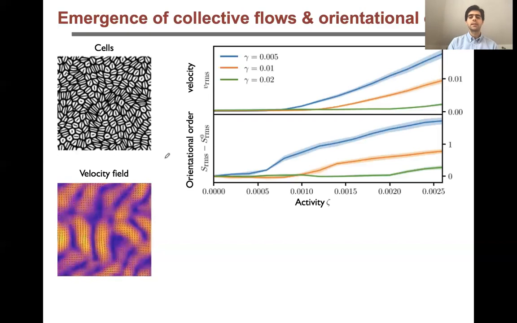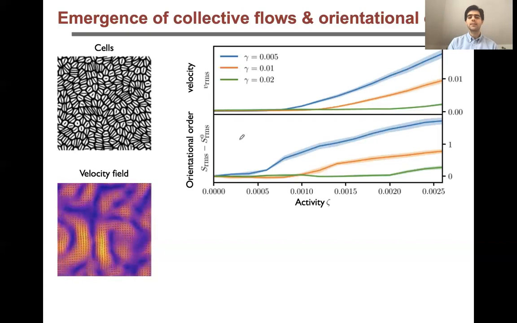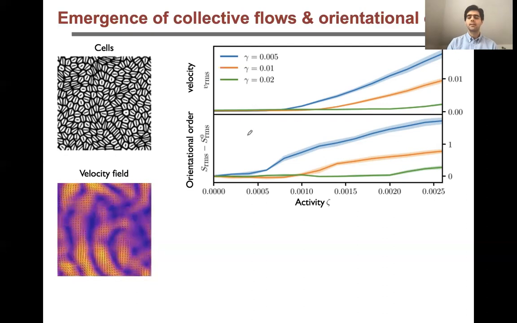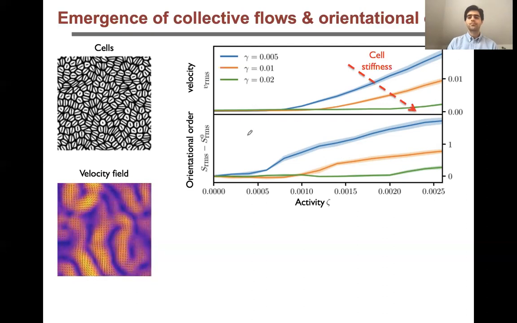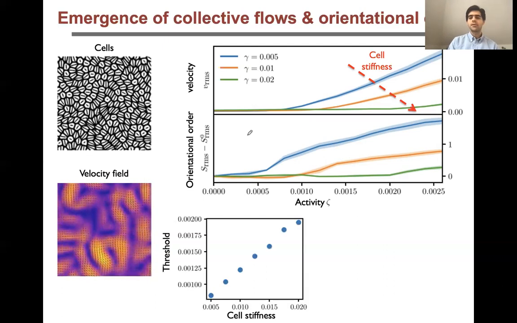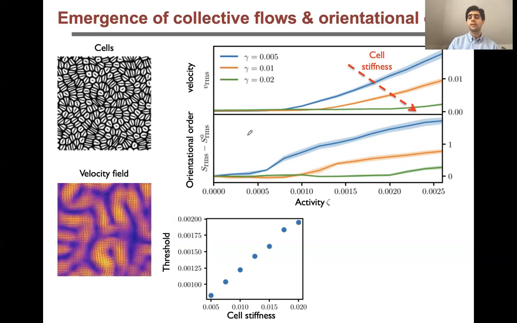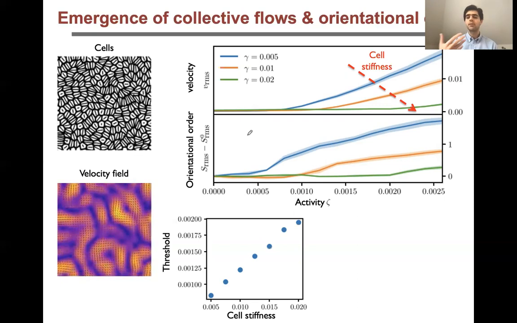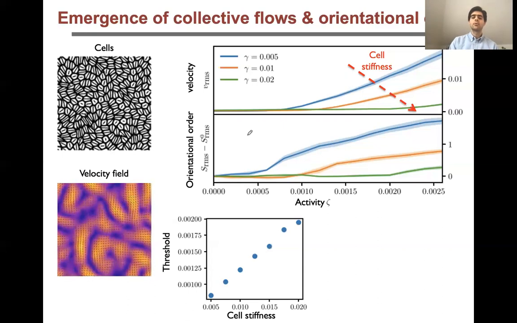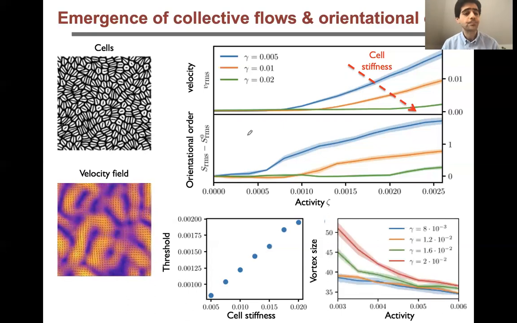And there is certainly a threshold in the activity that needs to be passed in order to create this collective motion. This threshold also increases with cell stiffness. The stiffer the cell, the larger the forces you need in order to deform the cells and to create these motions that we observe.